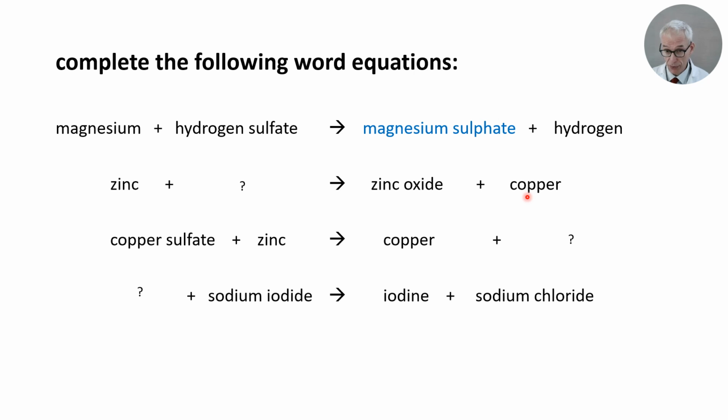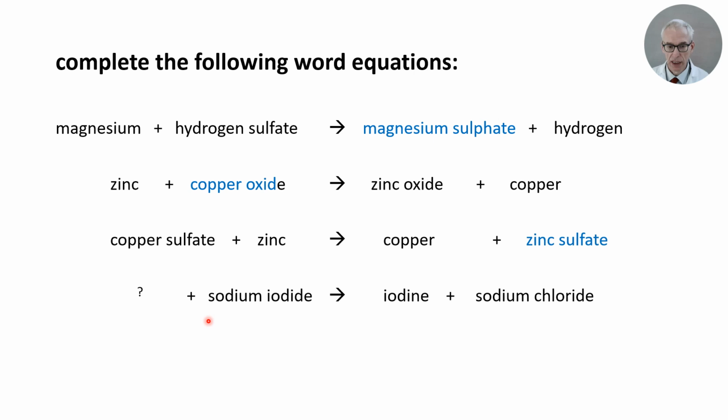Well, we must have copper in that compound and we must have oxygen, so we deduce that the missing compound is copper oxide. The third one, copper sulfate and zinc, gives us copper. Well, the sulfate will stay as a reactive group, but it will be as part of a zinc compound. So copper sulfate and zinc forms copper and zinc sulfate.